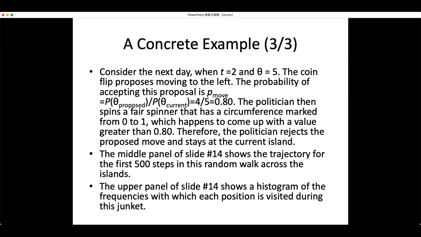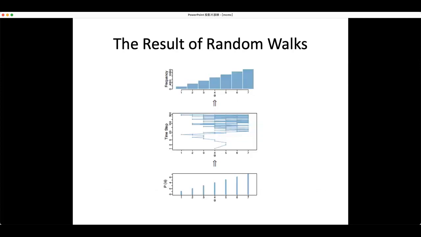The probability of accepting this proposal, the probability of moving to the left, is 0.8 obviously. After this probability check, we decide to stay on the fifth island for one more day.